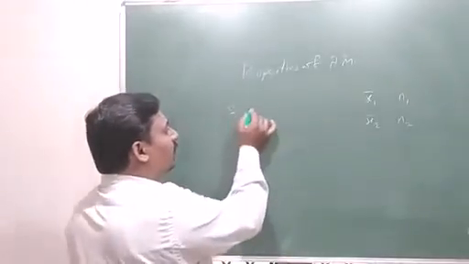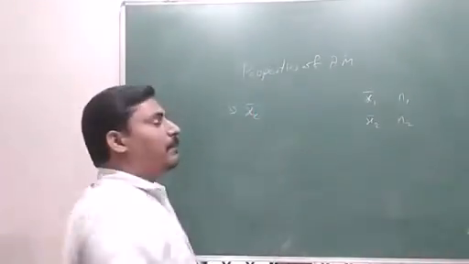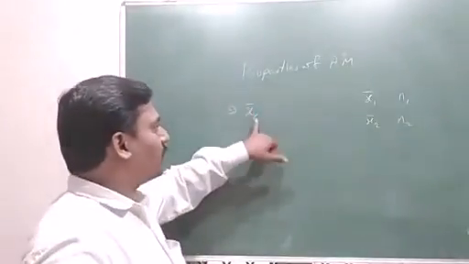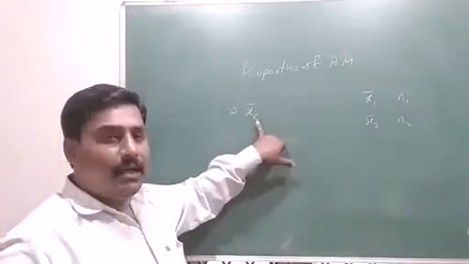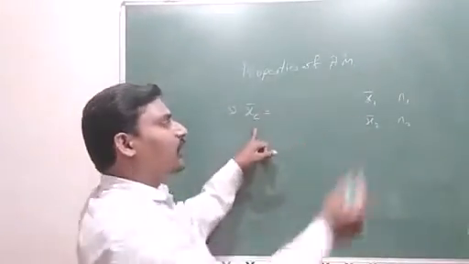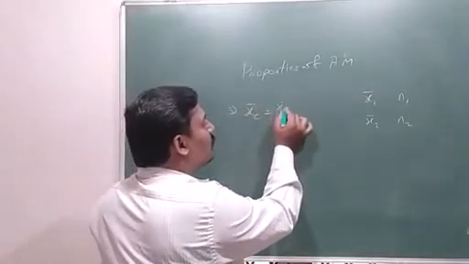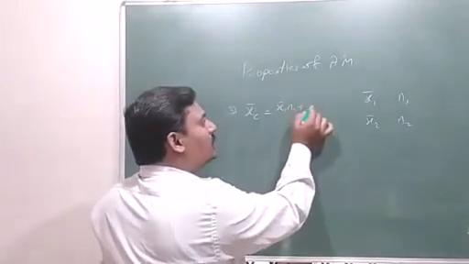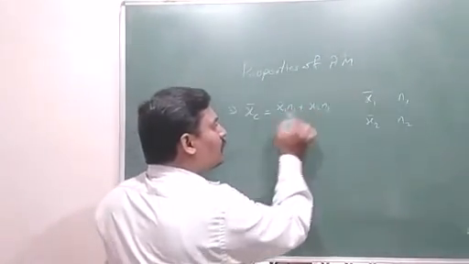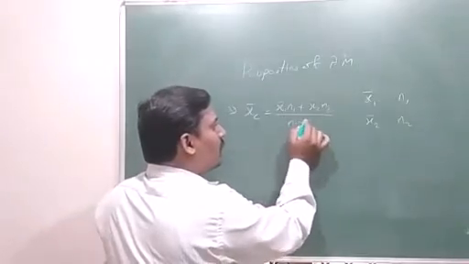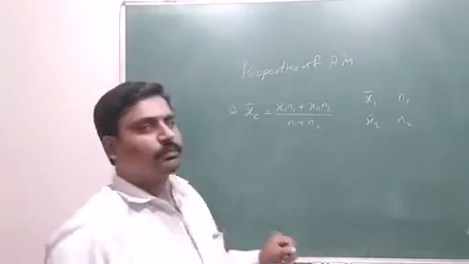So to find the combined arithmetic mean, x bar c, for two sets of observations when we know their numbers, it will be x bar 1 n1 plus x bar 2 n2, divided by n1 plus n2.